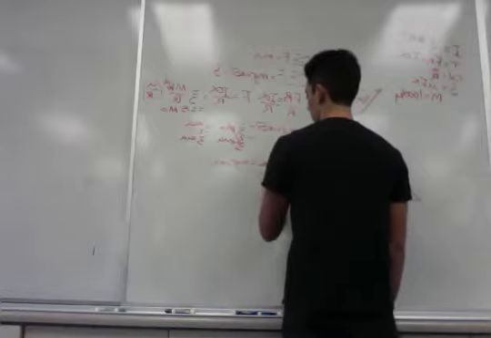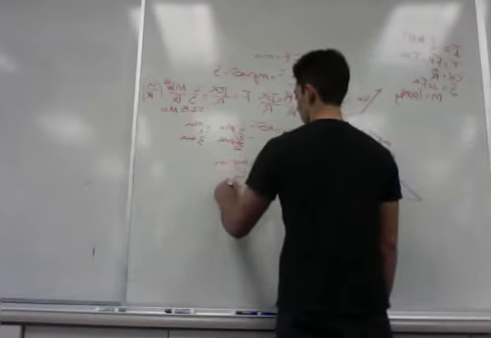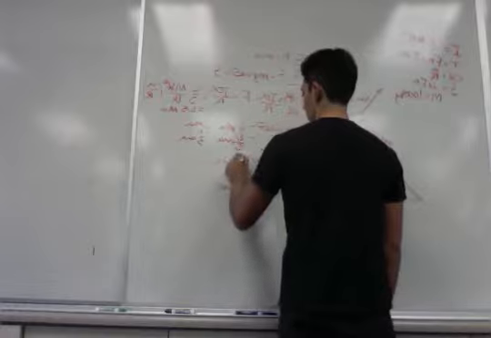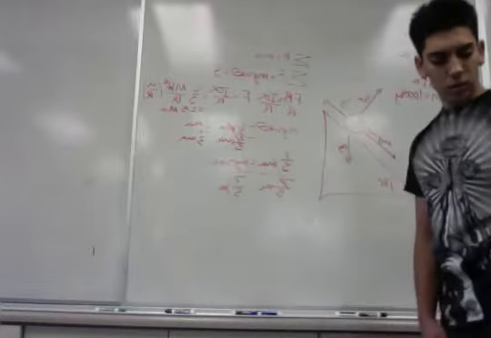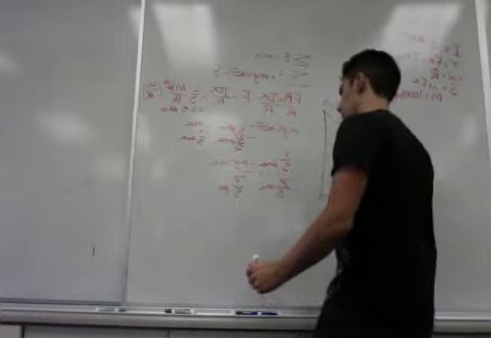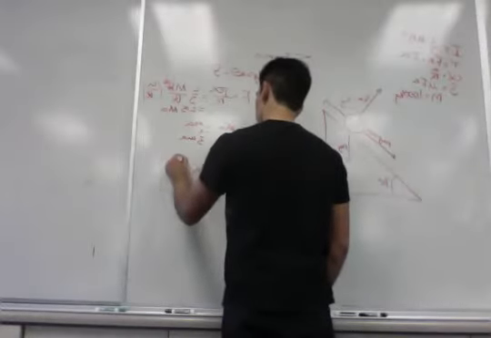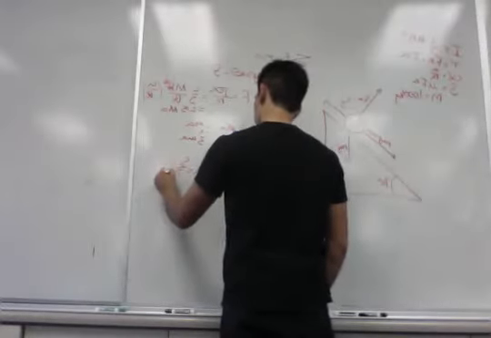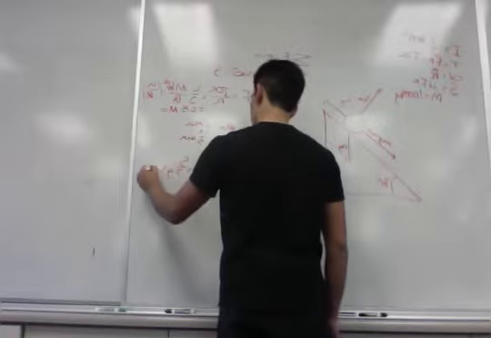Then we divide this here. Cancel. And we're left with a is equal to 5/7 times g sine theta.